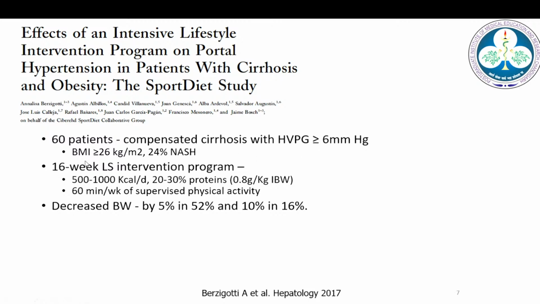The BMI was close to around 26, and a quarter of them had NASH as the etiology. They were given this lifestyle intervention program, and the recommendations were to reduce the calorie intake by 500 to 1,000 kilocalories per day, and the proteins were kept at around 30%.